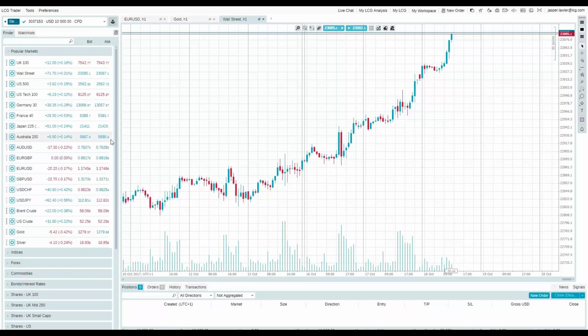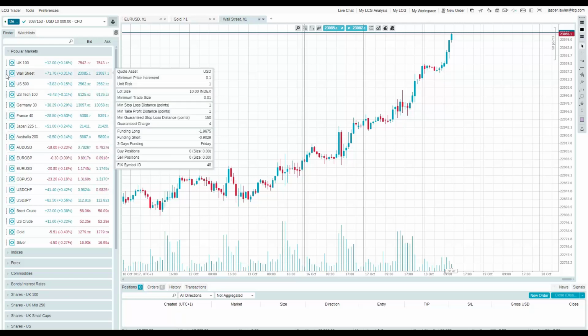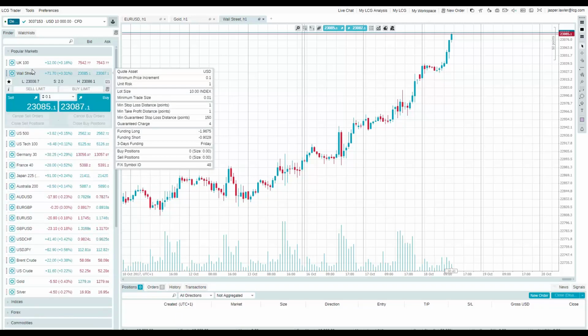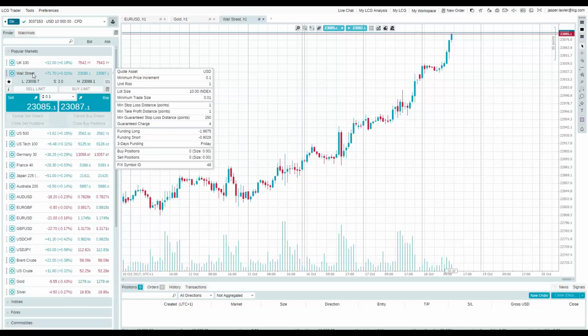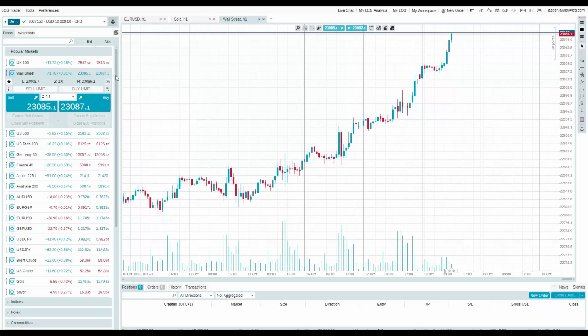So take the example of Wall Street. What we can do here is just click anywhere on Wall Street and you'll see this little area come up here, and then equally this area on the right will pop up as well to give you information on the market. What we're looking at are sell and buy buttons. If you want to buy Wall Street, you expect new record highs, you're buying at 23,087.